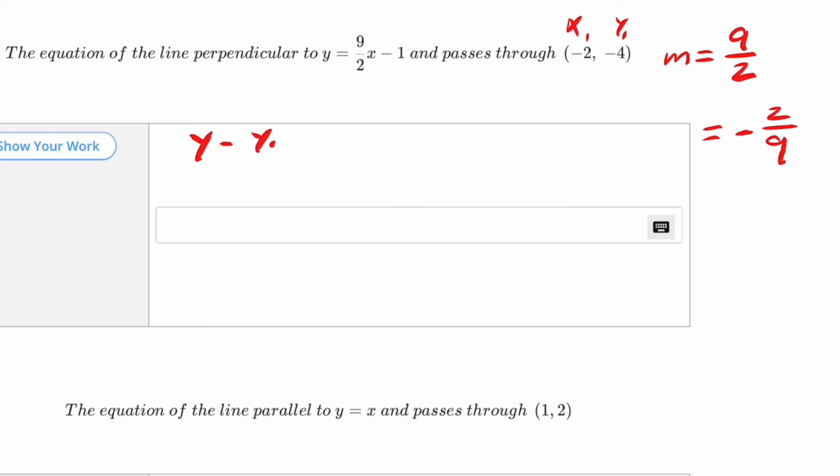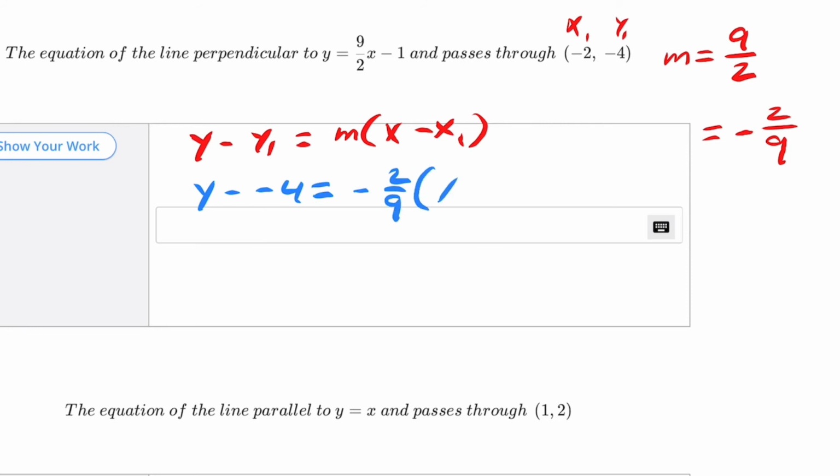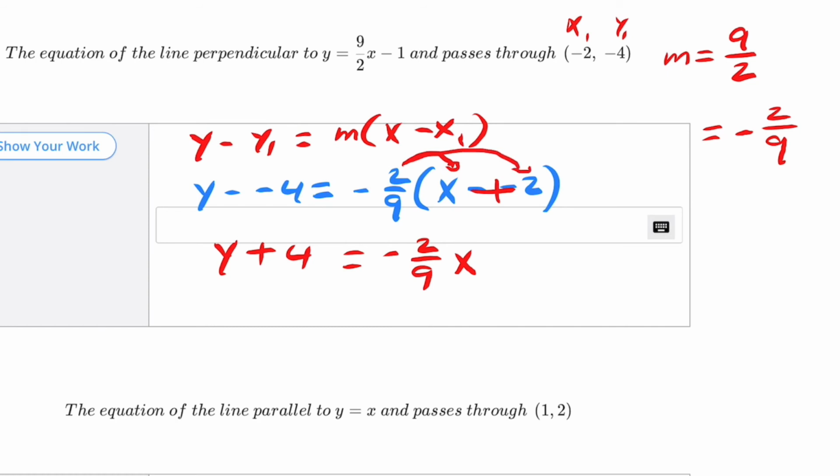y minus y1 equals m times x minus x1. y minus -4 equals -2 over 9 times x minus -2. So y plus 4 equals -2 over 9x, and that's a plus. -2 times 2 will be -4 divided by 9.